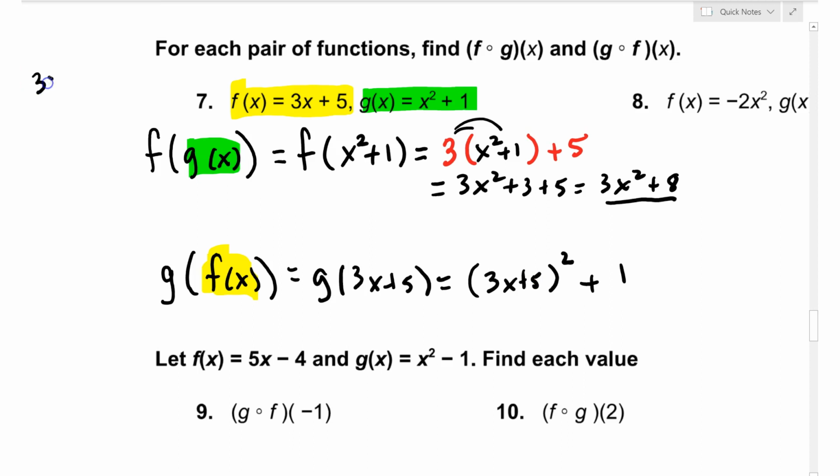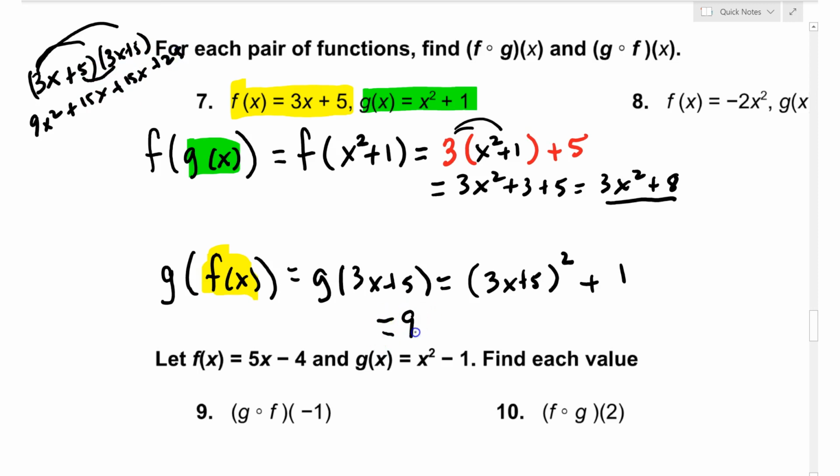So I'm going to go ahead and do it on the side. 3x plus 5 times 3x plus 5, and I'm going to go ahead and do the FOIL method. 9x squared, 3x times 5 is 15x. 5 times 3x is 15x, and then 5 times 5 is 25. So what do you have?